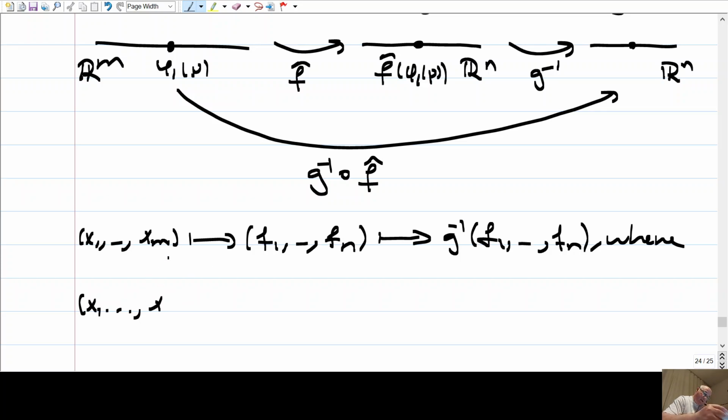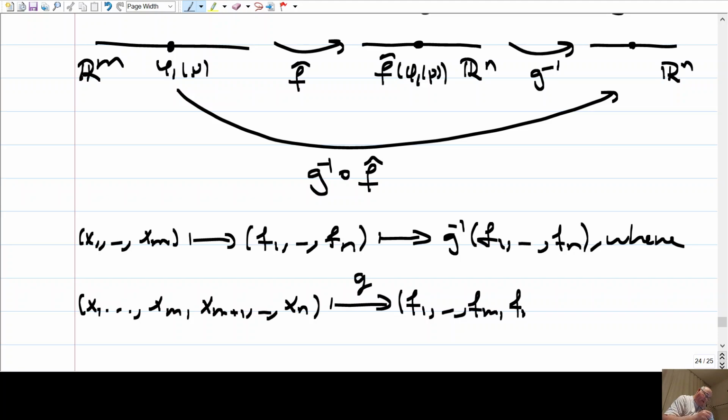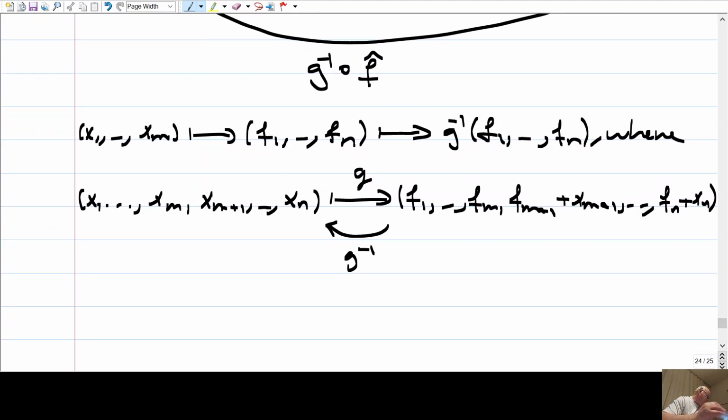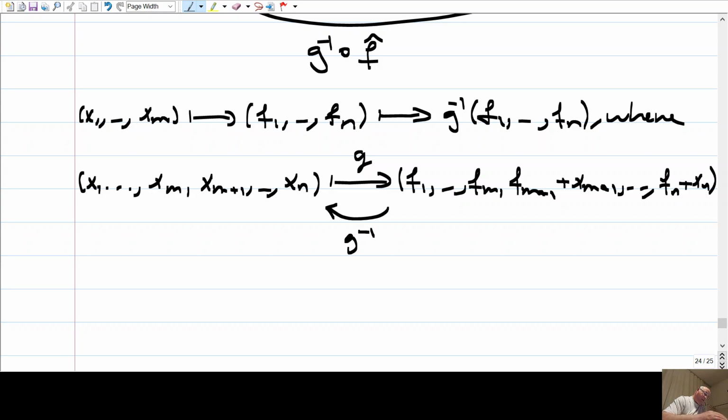G was the following: x1 up to xm, and then xm plus 1 up to xn, and this is sent via g into f1 up to fm, fm plus 1 plus xm plus 1 up to fn plus xn, and I have here of course the inverse map going in the reverse direction.